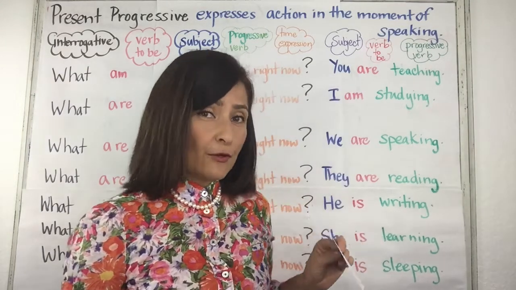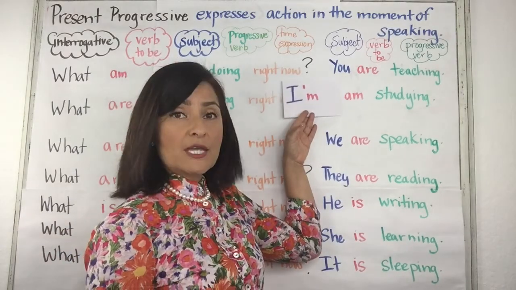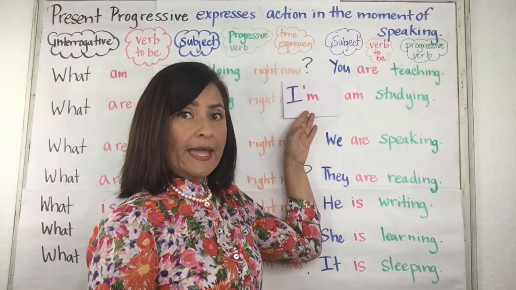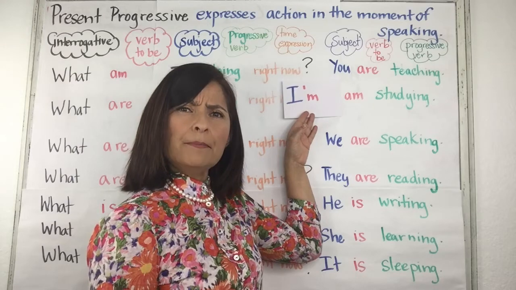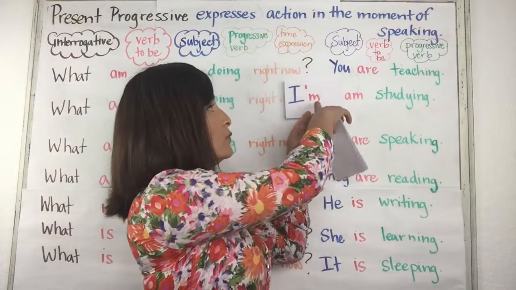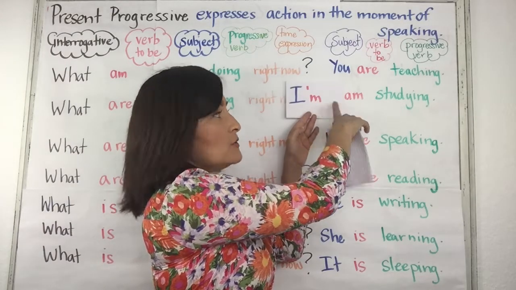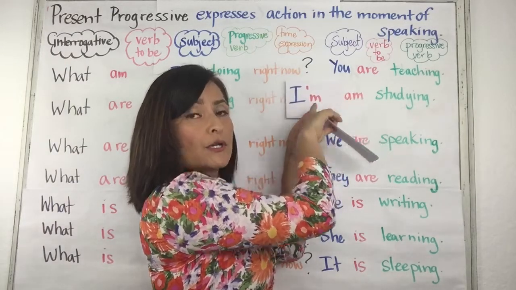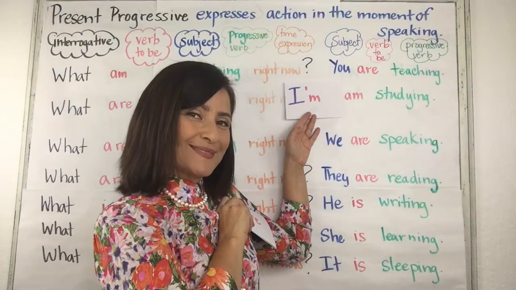Remember that the verb to be is there. You don't want to say I'm am. No. It is not necessary, because that little M is the verb to be, just like this. They are the same word, so you don't need to use them two times.